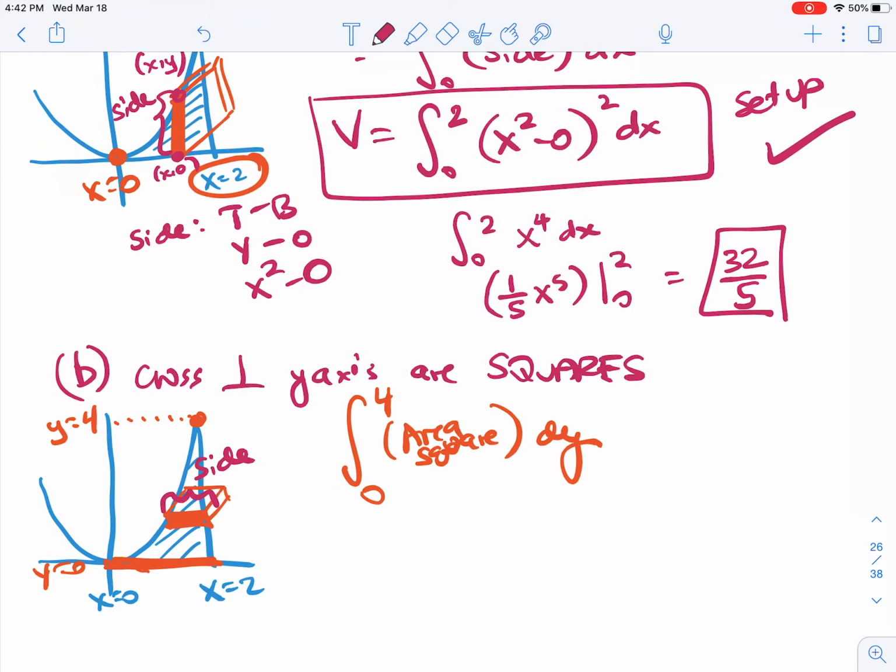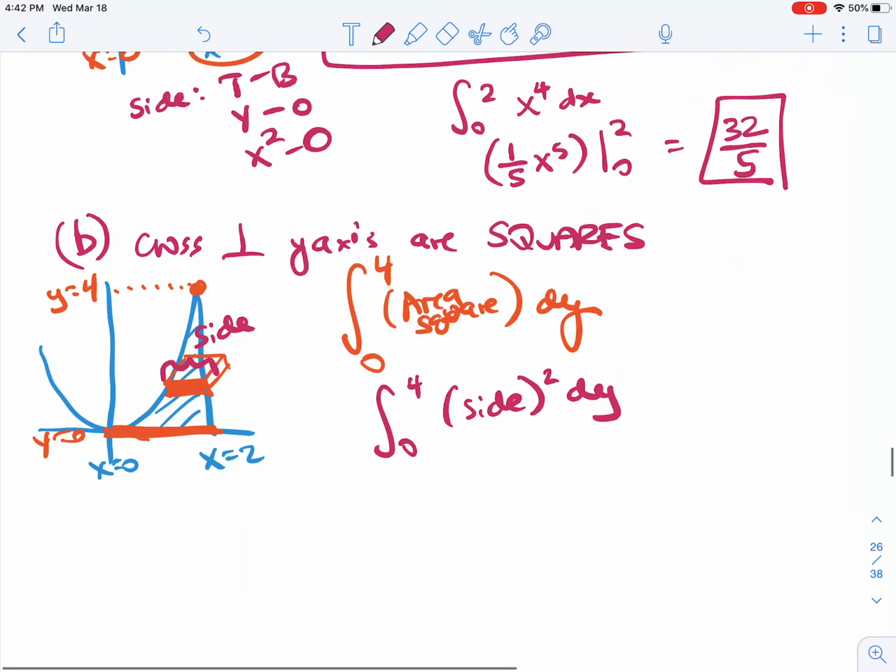Now, I'm also going to work on that idea of the side length. The length of that rectangle is what I'm calling the side. So your formula for the volume is the area of a square, which is nothing more than the side squared. If I go over to this image and ask, what's the side? Well, that's a horizontally drawn rectangle. That's going to be right minus left, of course. That's the x-coordinate of 2 minus some x-coordinate that's on that curve of y equals x squared. In my integral, I definitely have to have y variables in here.